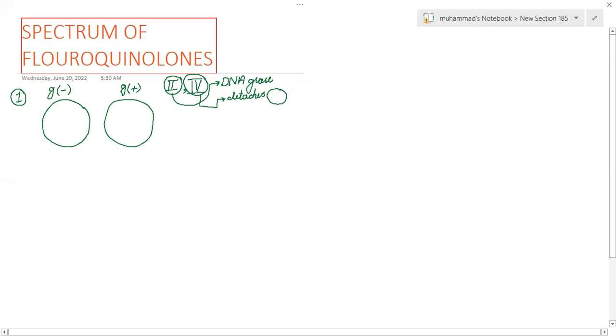So this is parent one, and this is daughter one, and these are being separated from each other by this topoisomerase 4.